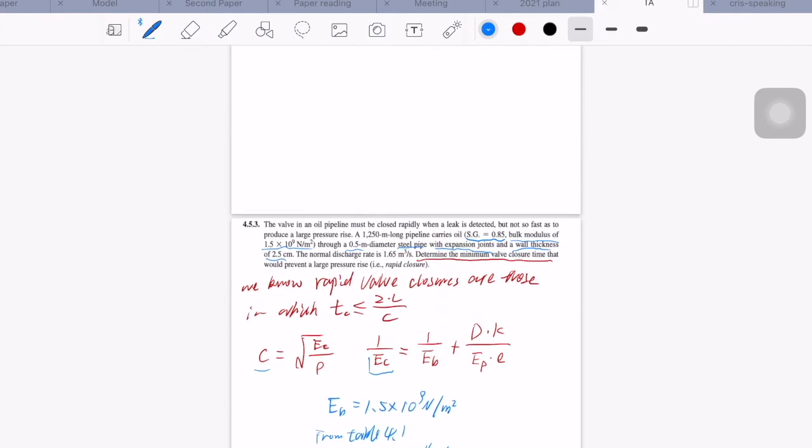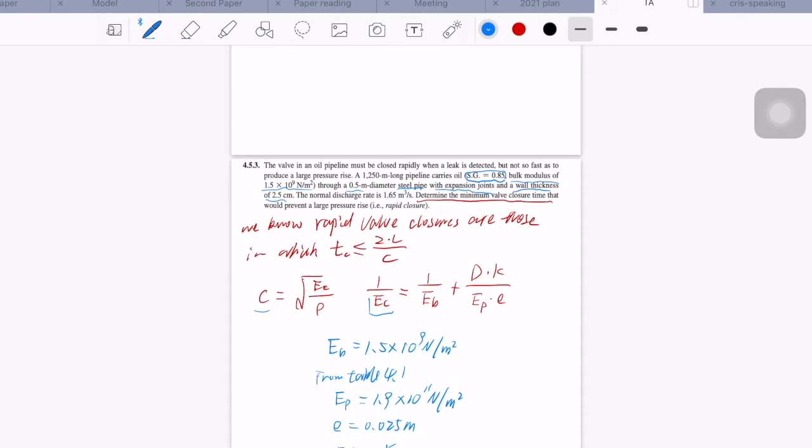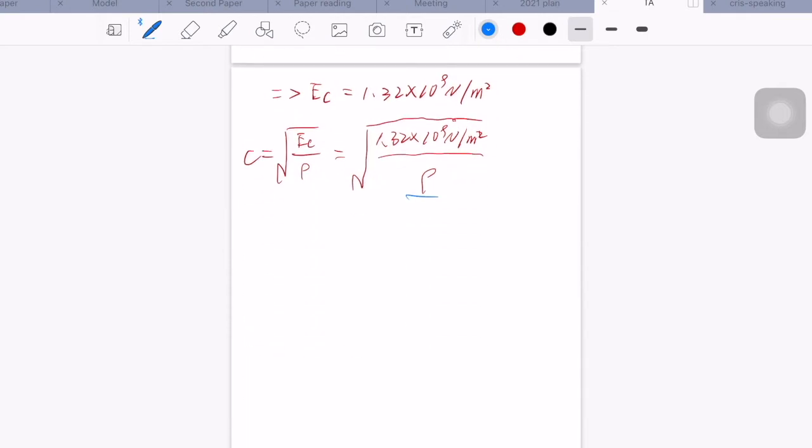Since the problem gives us the specific gravity for the oil, 0.85, and the relationship is that the specific gravity equals the density of the substance divided by the density of water.